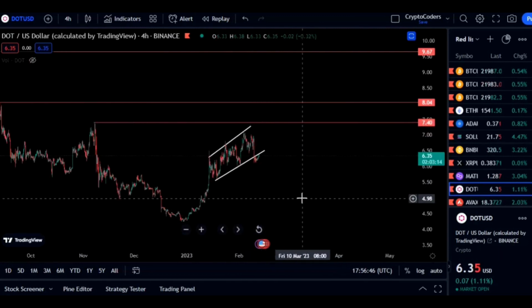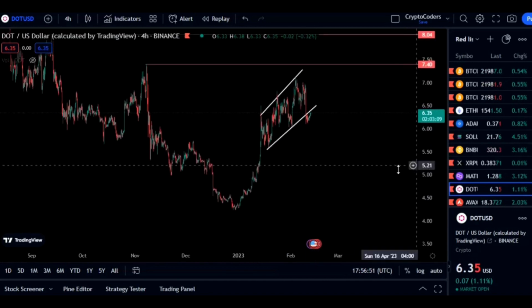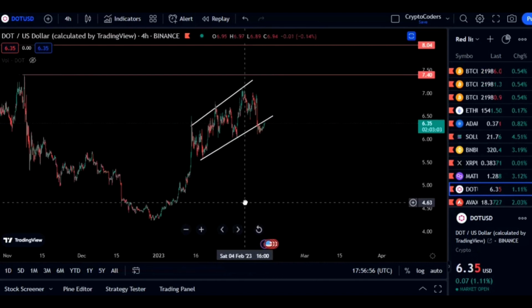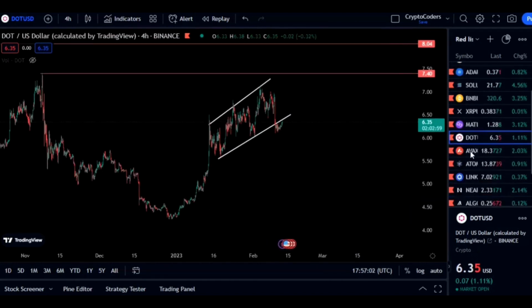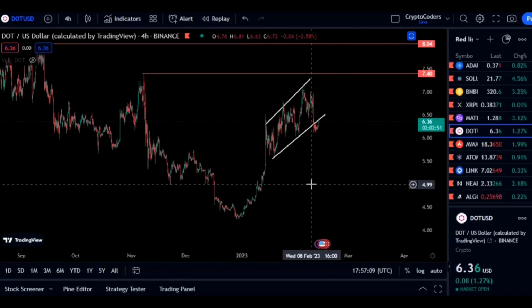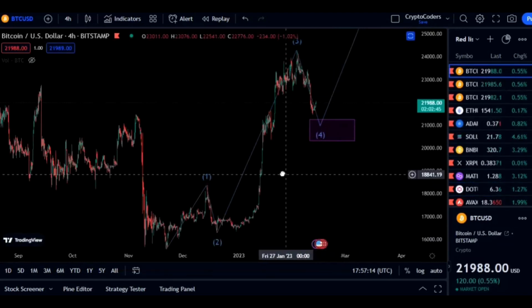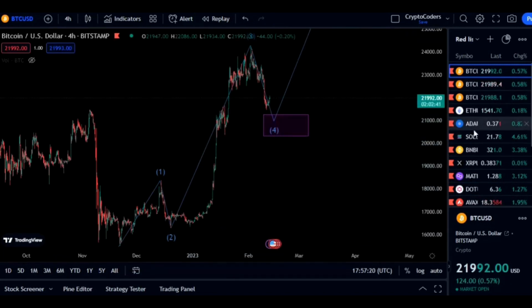But right now, I see no real evidence that the bottom of Polkadot is in, and it didn't even go as impulsively or as high as these other coins did, like Solana or Matic, Avalanche, and also Near. So I think that if Bitcoin drops a further 20 to 25%, Polkadot might make another low.